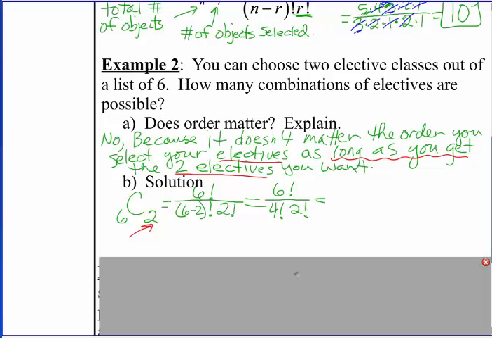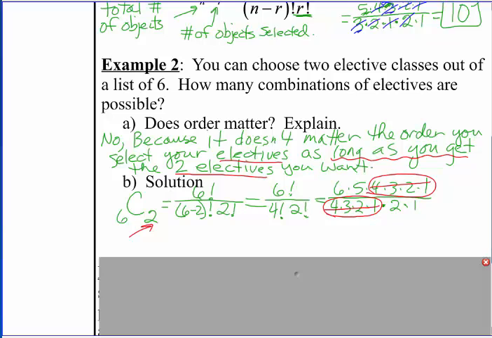So 6 factorial means 6 times 5 times 4 times 3 times 2 times 1. 4 factorial means 4 times 3 times 2 times 1, and 2 factorial is 2 times 1. You can see that on the bottom we have a 4, 3, 2, 1. On the top we have a 4, 3, 2, 1.